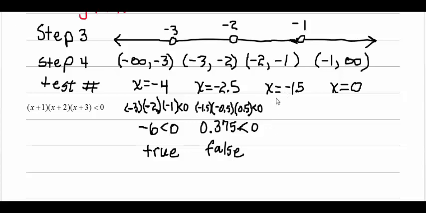All right, now let's test x equal negative 1.5. When I add 1 to that, I get negative 0.5. When I add 2 to negative 1.5, I get 0.5. When I add 3 to negative 1.5, I get 1.5.